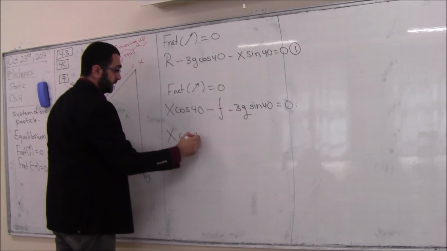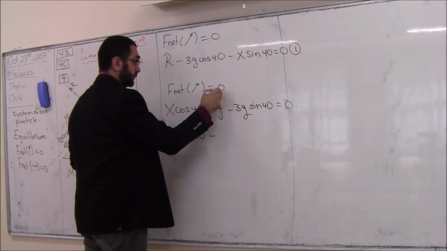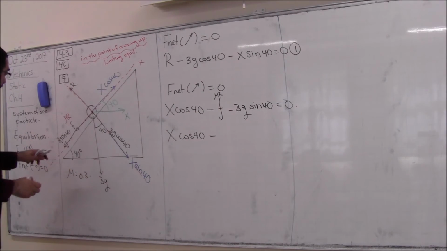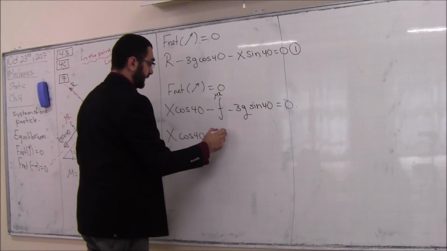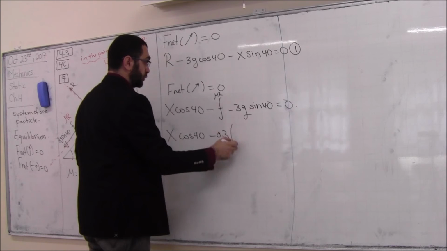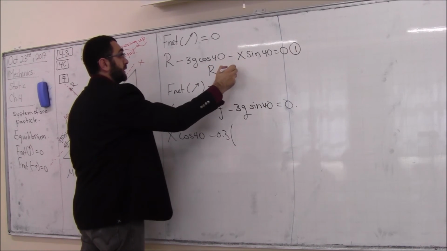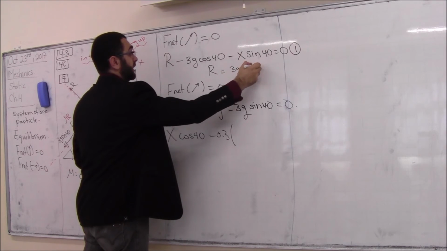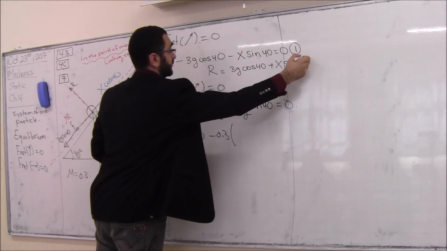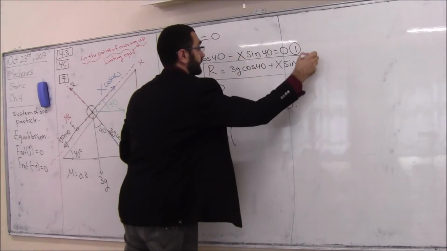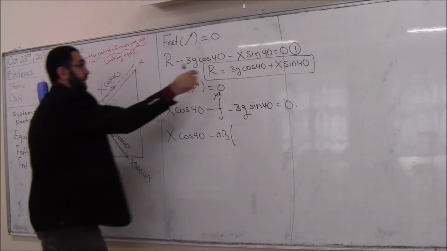I will rearrange this equation. x cosine 40 minus friction, mu times R, right? What is mu? 0.3. Pay attention. What is R here? R equals 3g cosine 40 plus x sine 40. Clear? I will substitute R here.